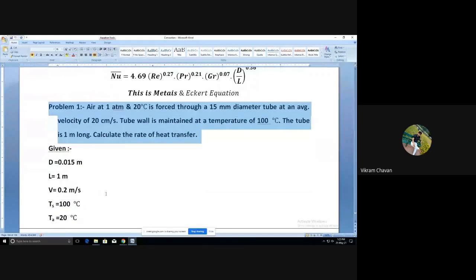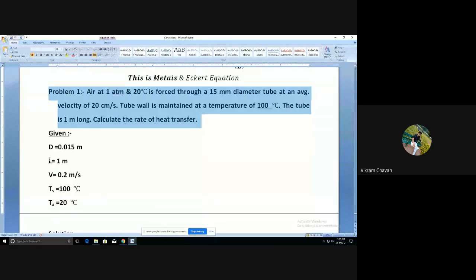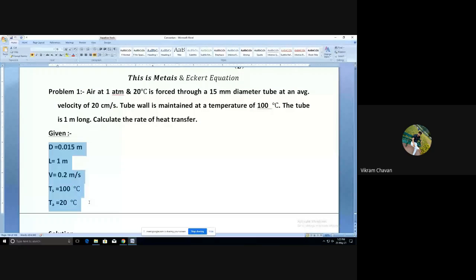First of all, we will write the given data provided in this problem statement. The diameter of the tube is 0.015 meter. The length of the tube is 1 meter. The velocity is given in centimeter per second, so we consider it in meter per second: velocity is equal to 0.2 meter per second.